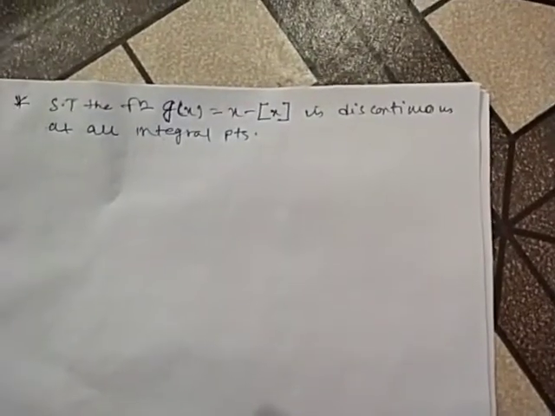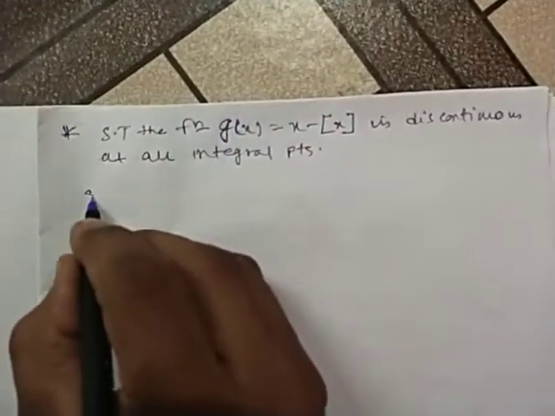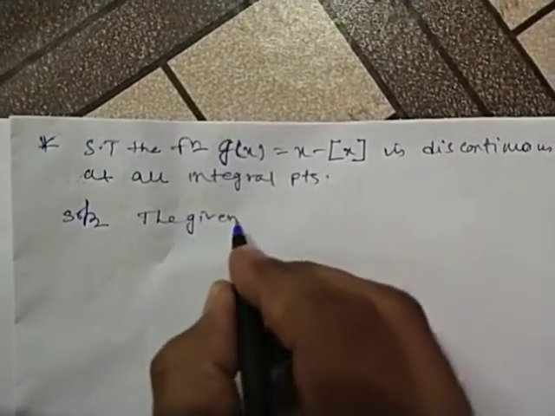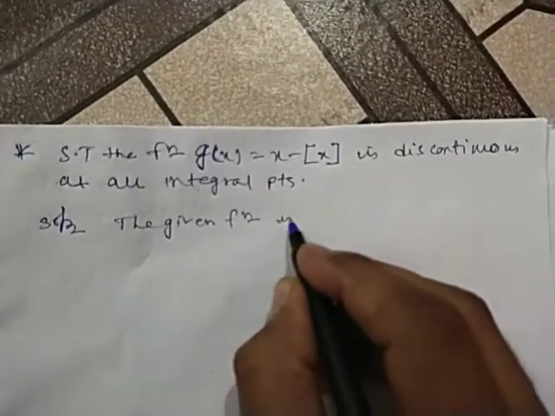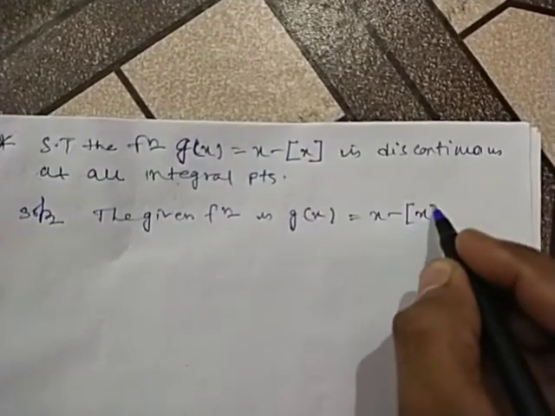So how can you solve this? What is the given function? The given function is g(x) equal x minus greatest integral of x.